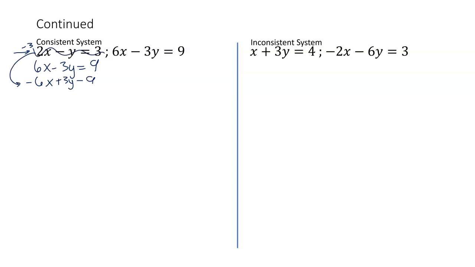But then I look and I say, hey, wait a minute. I've got 6 and -6. I've got -3 and +3. I've got +9 and, it would help if I had an equals, and a -9. All the same numbers, but all with opposite signs. So if I continue going through the math, that's going to cancel out, and that's going to cancel out, and that's going to cancel out.